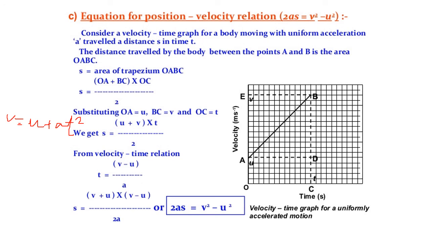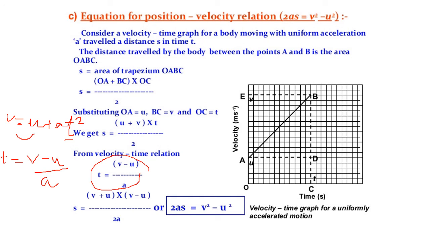So what we have to do is take out the value of T. How will we find the value of T? It will move here. T is equal to V minus U divided by A. So this formula we will get.